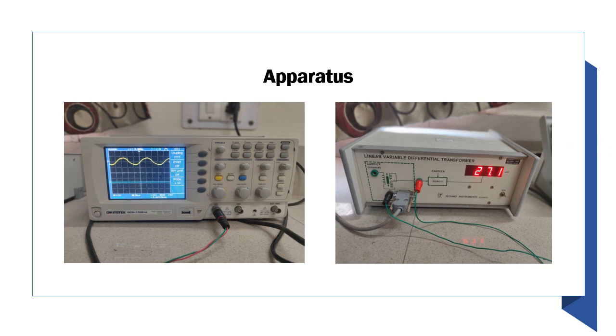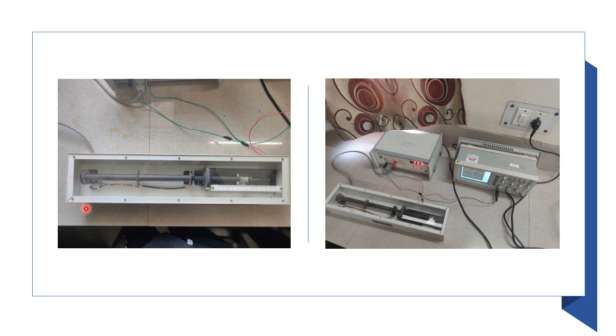Now, this is the mechanical unit, which consists of a slider. When you slide it up, the movement of the core takes place, and due to the movement of the core, there is a change in voltage in the secondary windings. We can calibrate the linear displacement with the change in voltage.